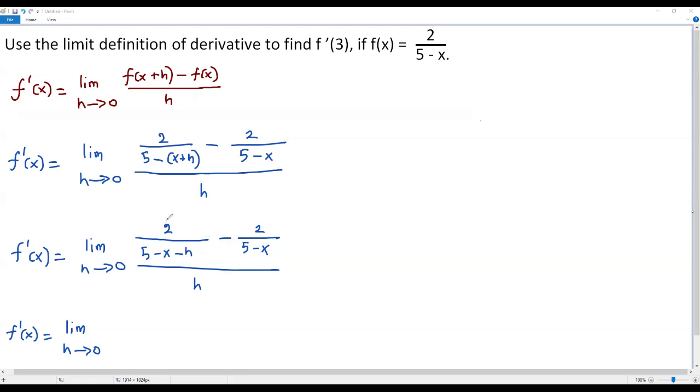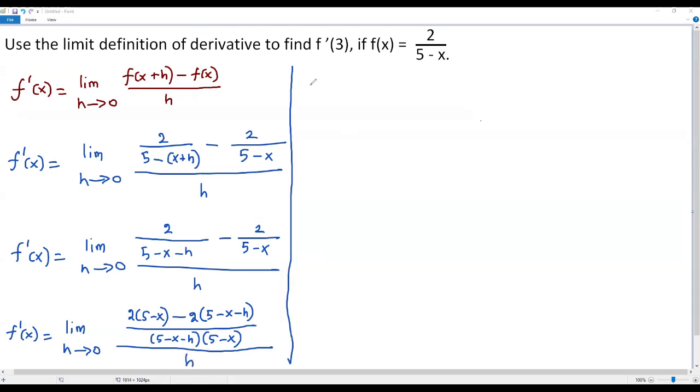The numerator 2 has to be multiplied by the denominator 5 minus x, so I get 2 times (5 minus x), minus. Now the other numerator 2 is multiplied by the other denominator, so I get 2 times (5 minus x minus h), over the product of the two denominators, 5 minus x minus h times 5 minus x. Everything is divided by h.